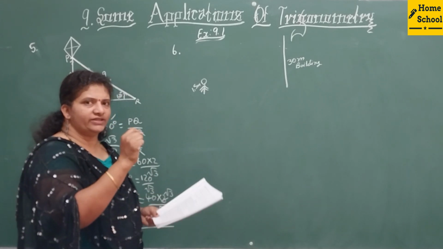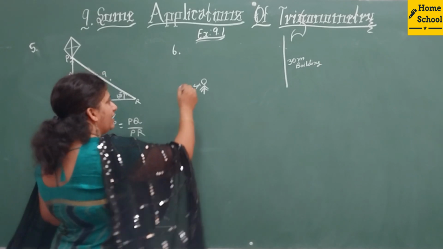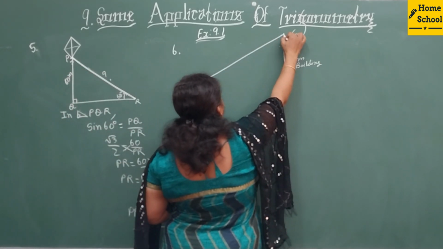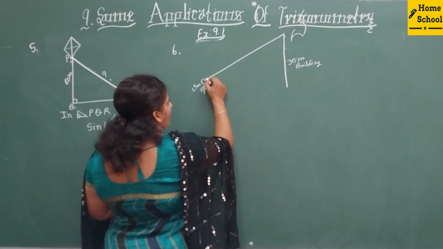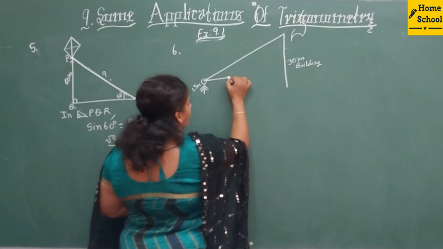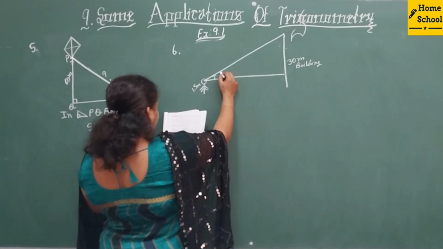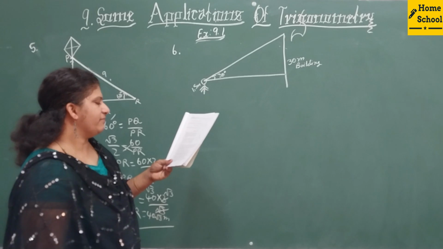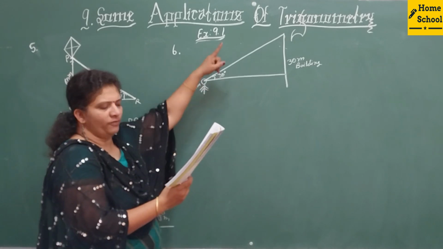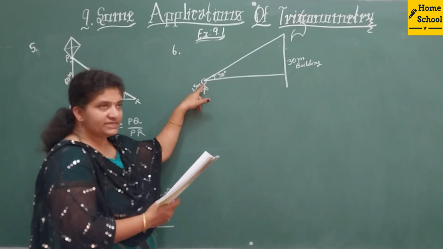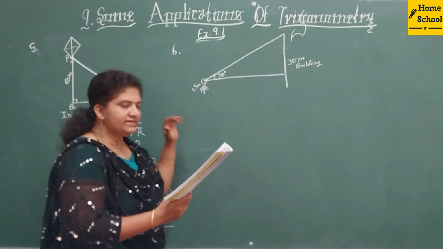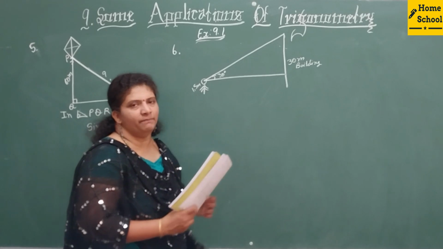The angle of elevation from his eyes means from here, upward direction. Angle of elevation from eyes means I need only this height, 30 degree. The angle of elevation from his eyes to the top of a building increases from 30 degree to 60 degree as he walks towards the building.